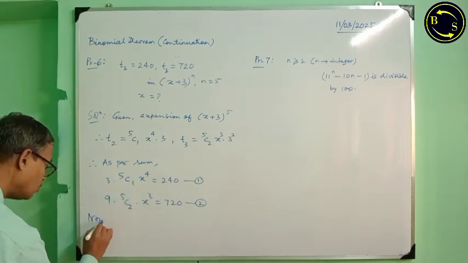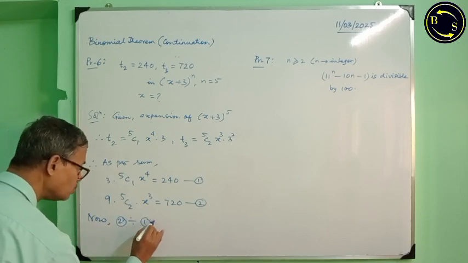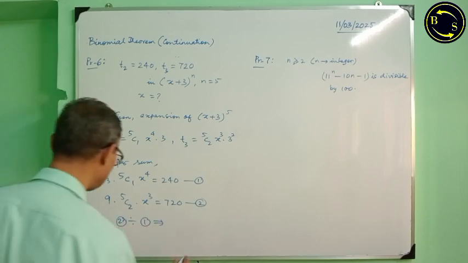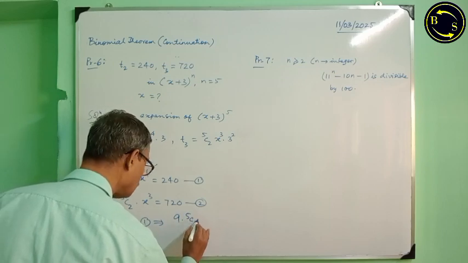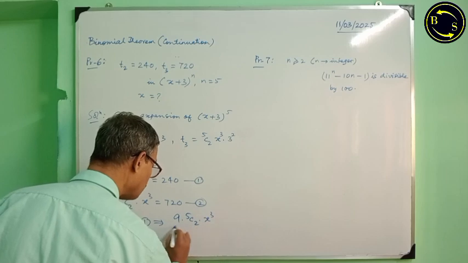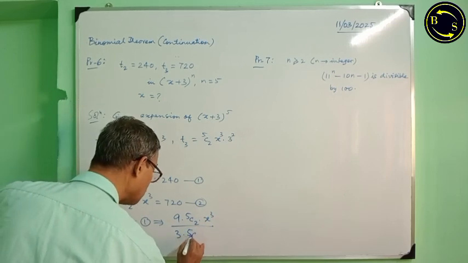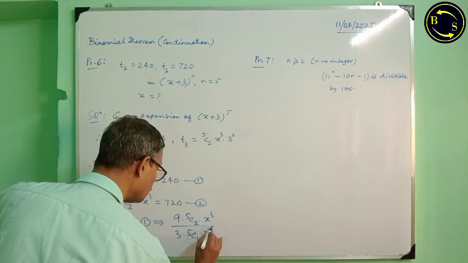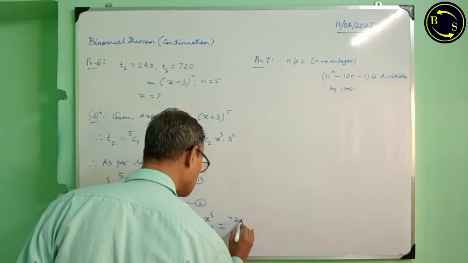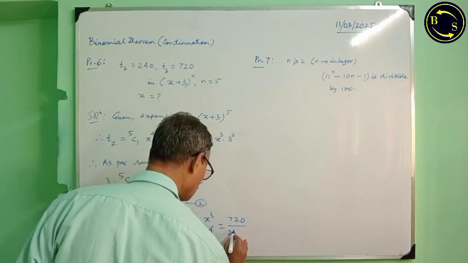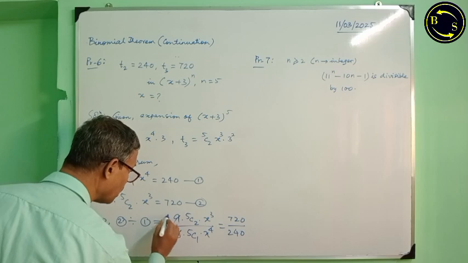Now 2 divided by 1: 9 into 5C2 into x cube by 3 into 5C1 into x to the power 4 is equal to 720 by 240. We simplify.